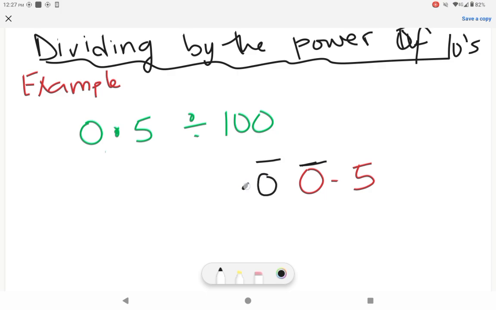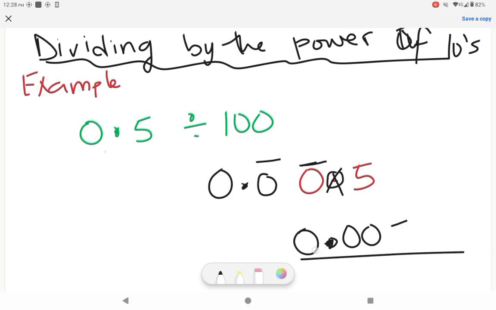Then the decimal point follows. Don't forget to put your decimal point after jumping. So let's put 0 after the decimal point so it makes more sense: 0.00. You take away the initial decimal point you had in this one. So this is my answer.